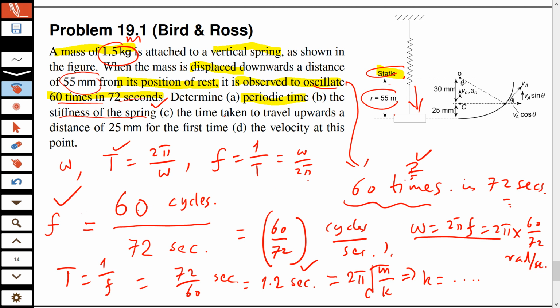अब ये a और b आसान थे, ये मुश्किल है. The time taken to travel upwards a distance of 25 millimeters for the first time. Okay.